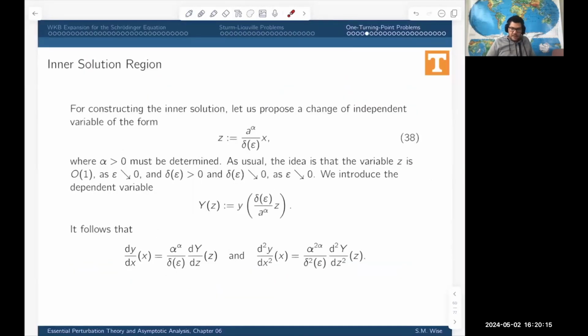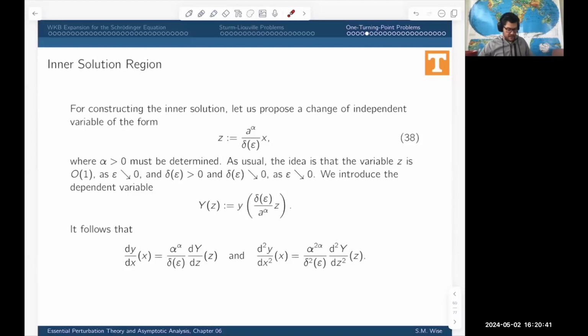So let's talk about the inner solution region next. To construct the inner solution, we need to do a change of variable, just like we have done before. The only difference here is that we're going to do a simultaneous scaling with a constant to make our equation go into a form that is going to turn out to be rather nice.